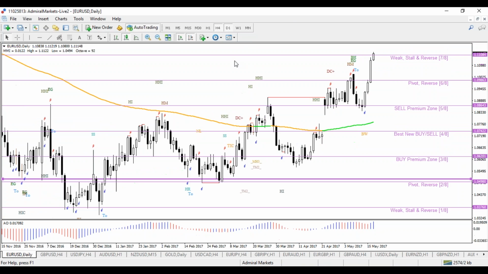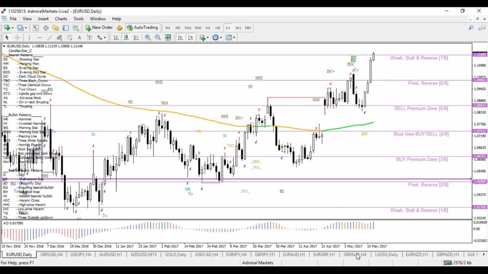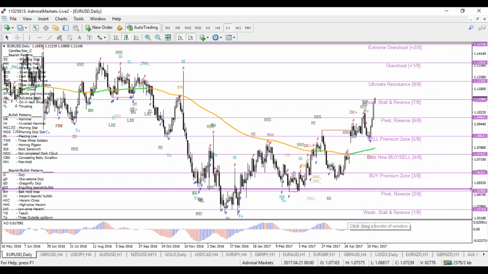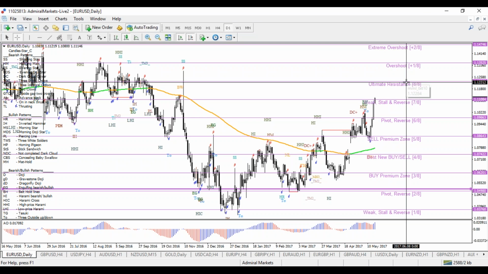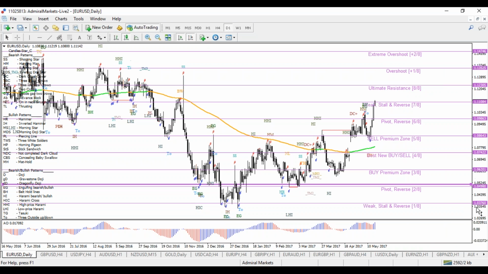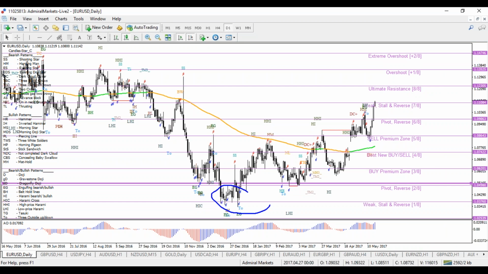Now these levels are different on all time frames. And you see that the daily chart looks a lot different. On the daily chart, I'll be looking at this level, the 8/8, very important level for the US dollar at 112.25, 112.50. On the daily chart, we saw here significant support and bounce at the 1/8. And then I get the 2/8, even the 3/8.